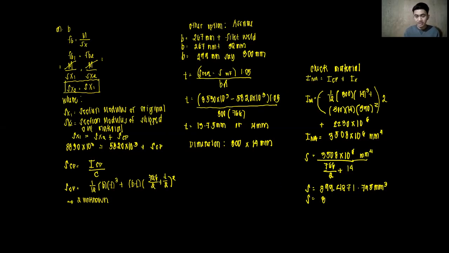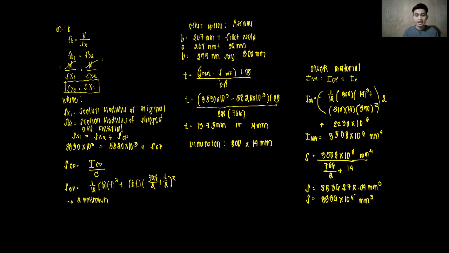Then dami nating erasures. So here, I will have here, input nyo lang ulit. So I will have there 8,836,272.04 millimeter cube. Or that is 8836 times 10 raised to 6 millimeter cube.